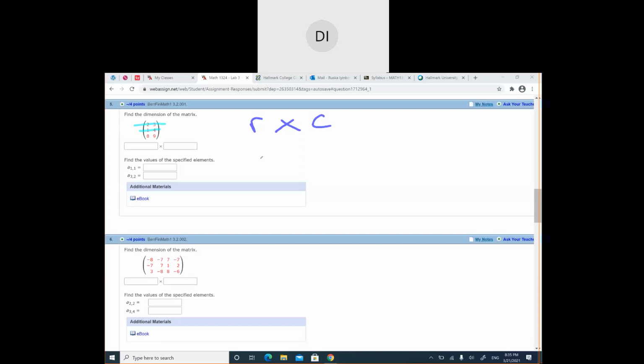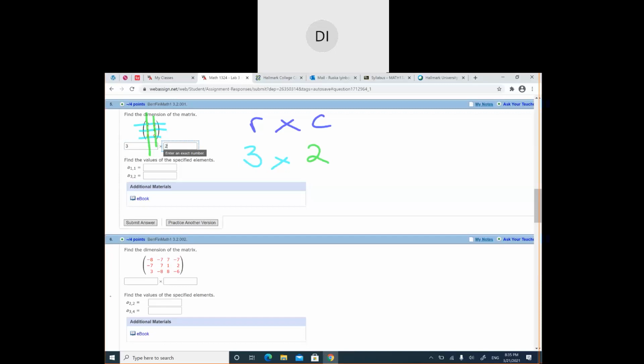So it's 3 rows by how many columns? The columns go down. 1 column, 2 columns. So 3 by 2, that's the dimension. You just put 3 by 2: 3 rows, 2 columns.